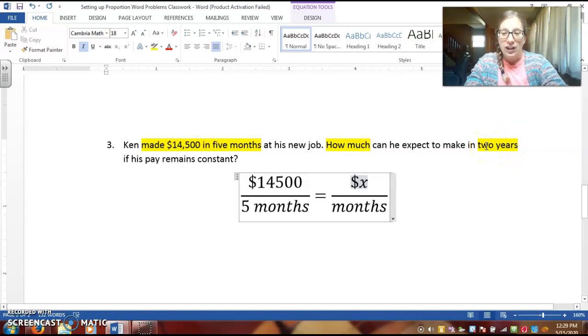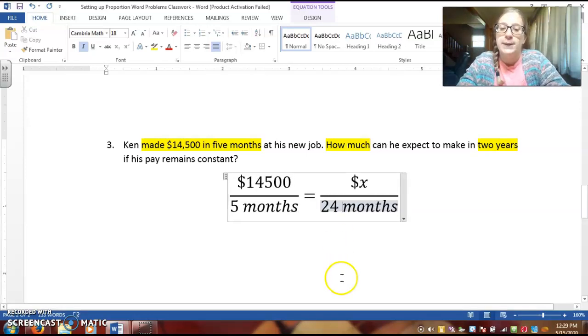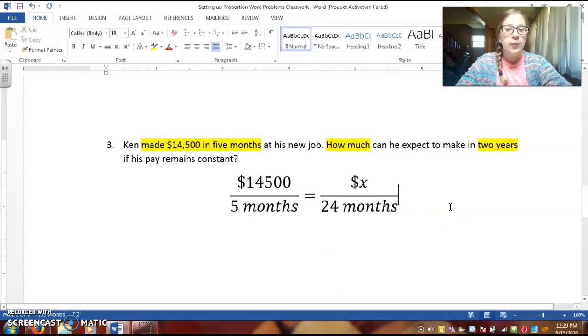If I look and this has 2 years, can years be put in a spot that I've already labeled as months? So we need to remind ourselves, if 1 year is 12, how many would be in 2? Well, 12 times 2 is 24 months. So even though the word problem gave us the number 2, it's not relatable to the actual portion we're trying to set up.